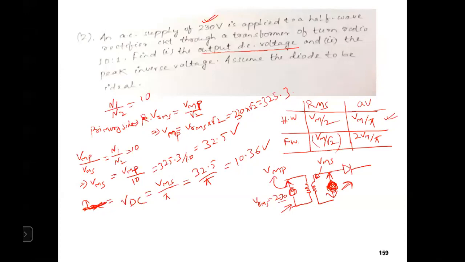So all the peak inverse voltage we had calculated. So there for a half wave rectifier, the PIV has to be greater than equal to the Vm. Okay, PIV means what? During negative half cycle. So suppose during negative half cycle, here VMS is coming how much? VMS is coming as 32.5 volt.